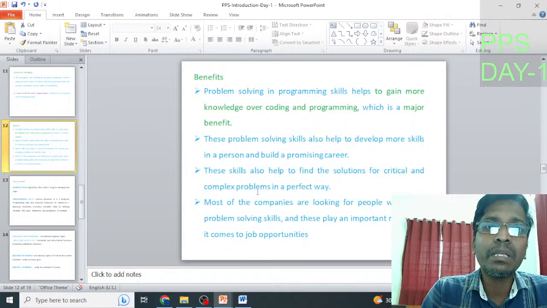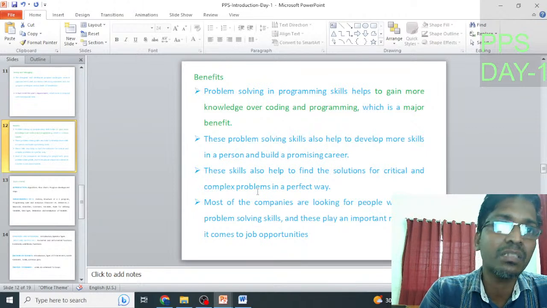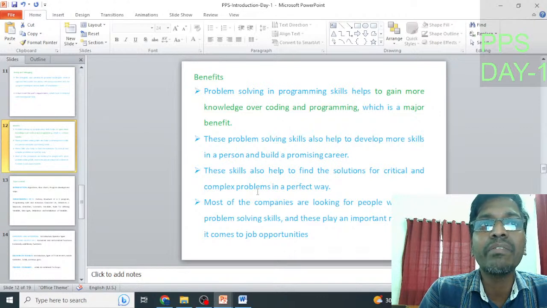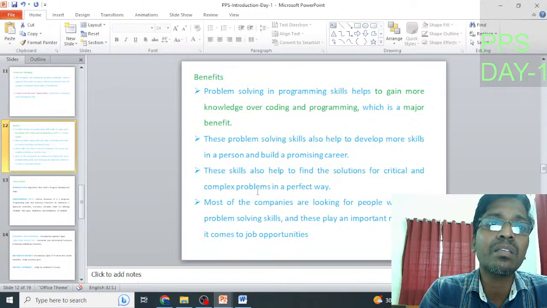Most of the companies are looking for people with good problem solving skills, and these play an important role when it comes to job opportunities. Most of the companies are looking for people who have programming skills and coding skills.